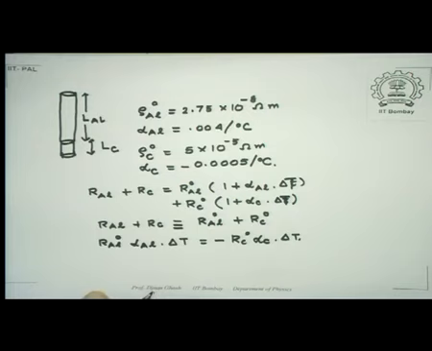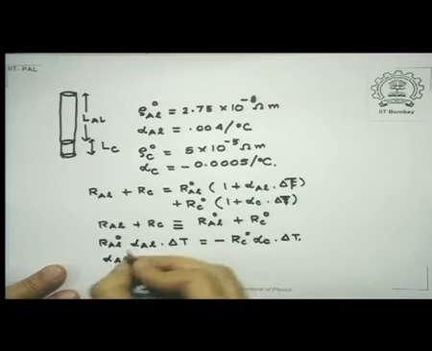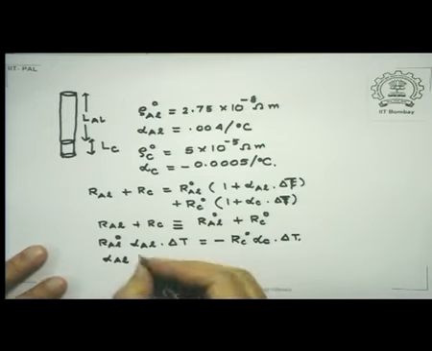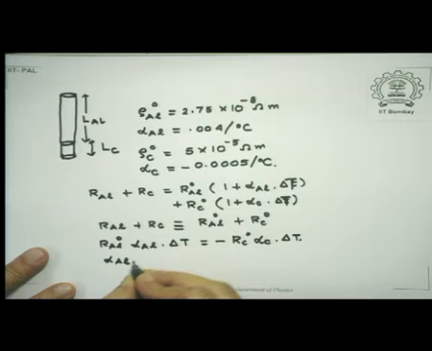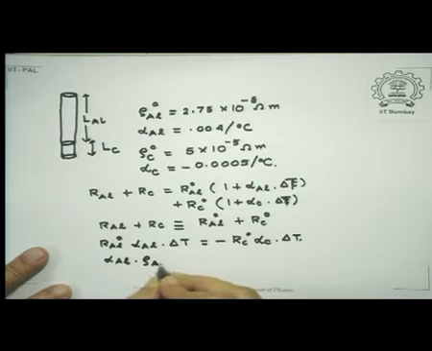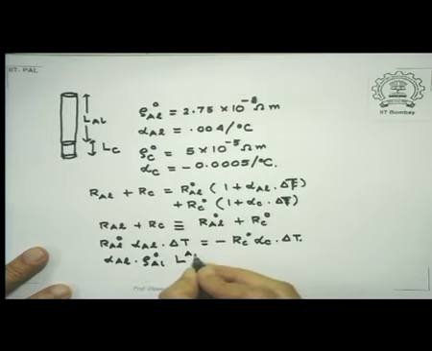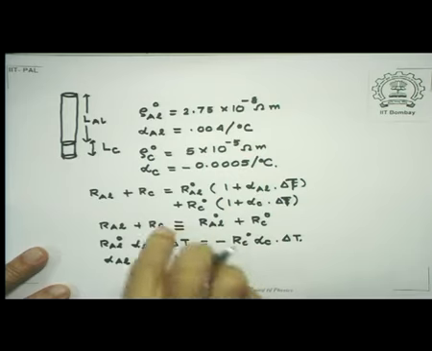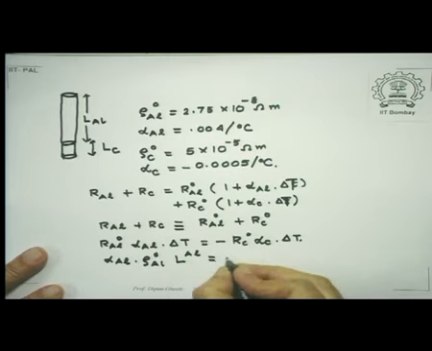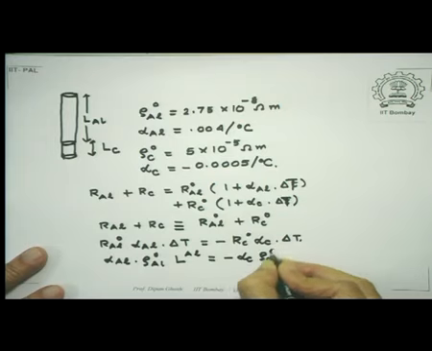So, what I require is that alpha aluminum times, well, I can put a rho, R aluminum 0 is rho aluminum 0 times length of aluminum, delta T would be cancelling out from both sides, equal to minus alpha C rho C0 times L_C.